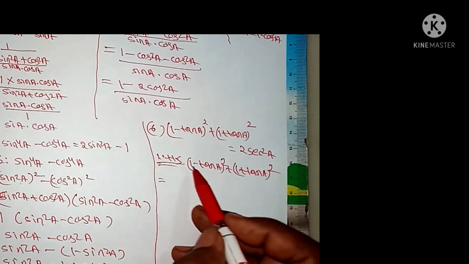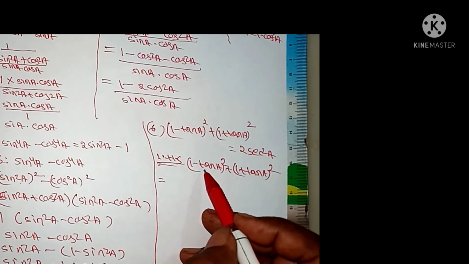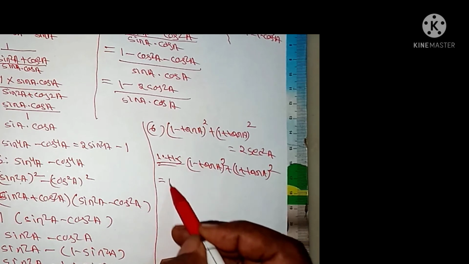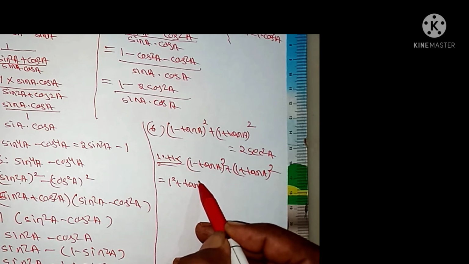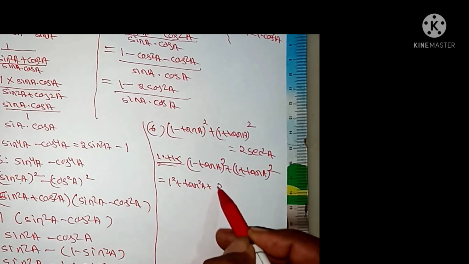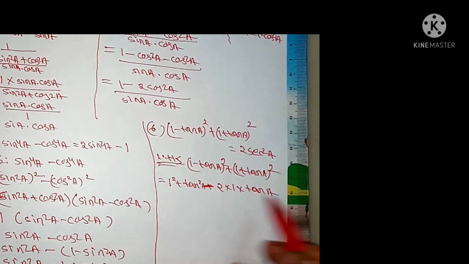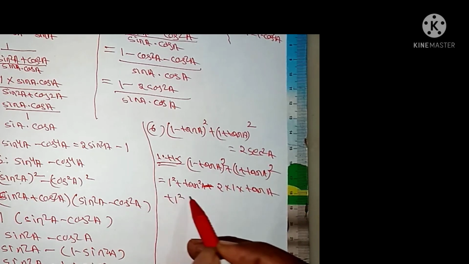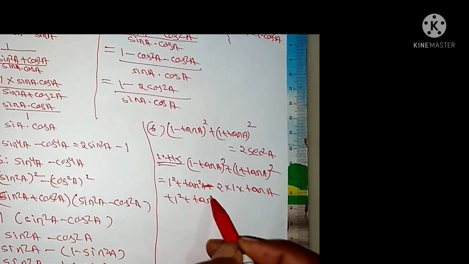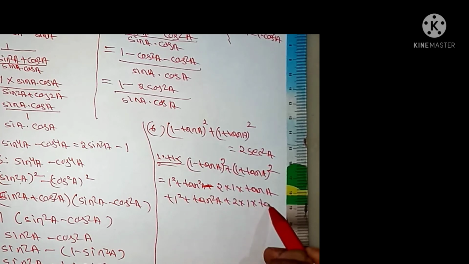Use two identities. A minus b whole square is a square plus b square minus 2ab. So 1 square plus tan square a minus 2 into 1 into tan a, plus this one, a plus b whole square, 1 square plus tan square a plus 2 into 1 into tan a.